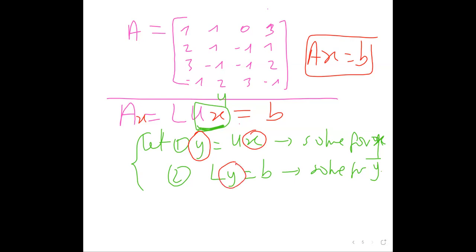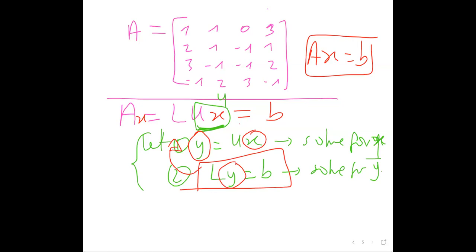So solve for Y in the second equation, then substitute your Y in the first equation and solve for X. This is all, in the case where you are able to decompose your A directly into L and U.